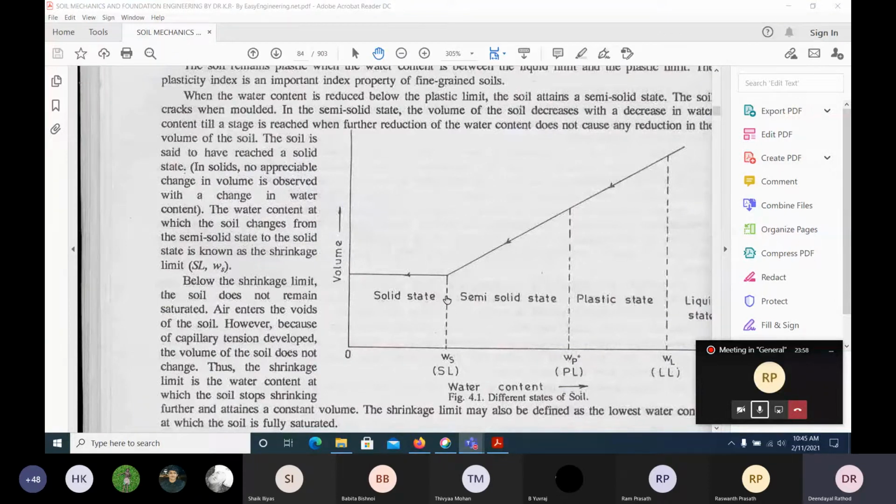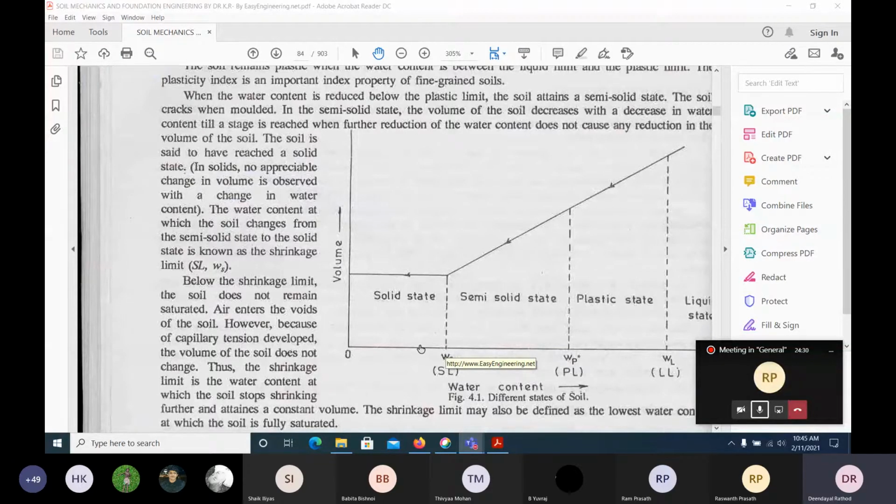At the shrinkage limit, the soil is in a fully saturated state. They will ask in all competitive exams, like GATE and IAS: at the shrinkage limit, what is the degree of saturation? We should say that at the shrinkage limit, the degree of saturation is 100%. If you move a little away to the left, then it would be in a solid state.